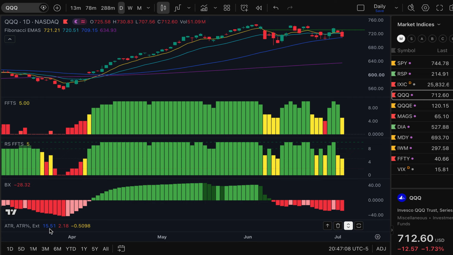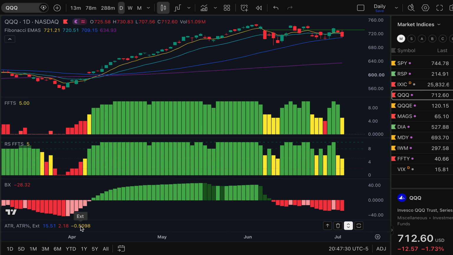So it tells you how many points you move on average per day. And the second number is the average true range percent of price. So QQQ over the last 21 days moves an average of 2.18%.